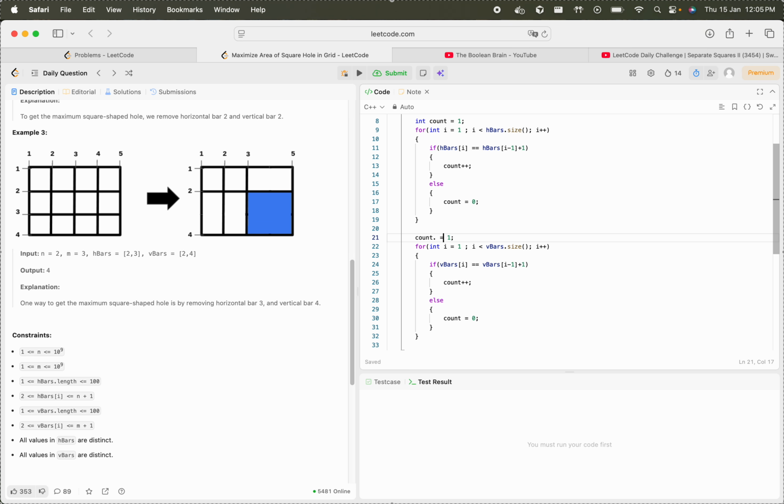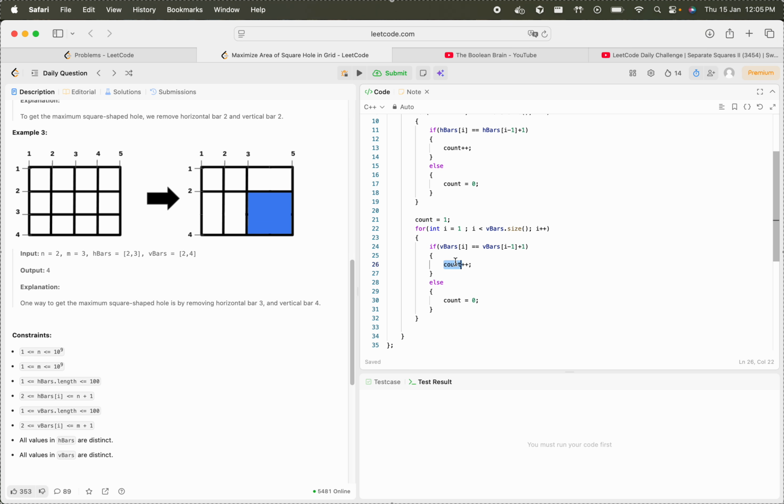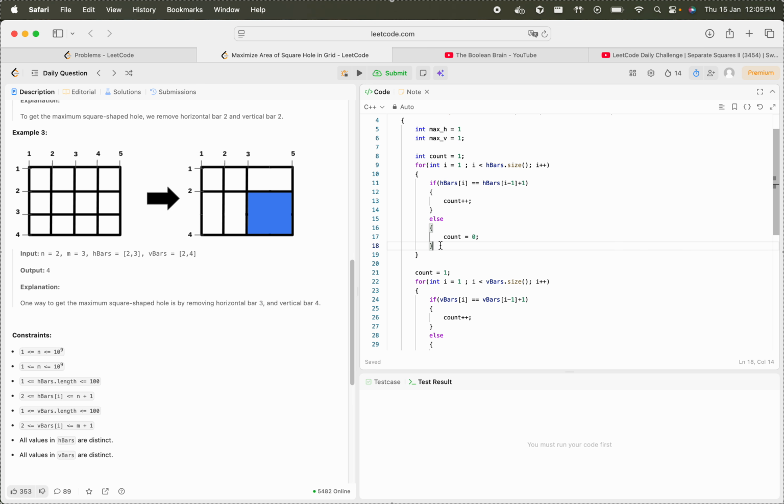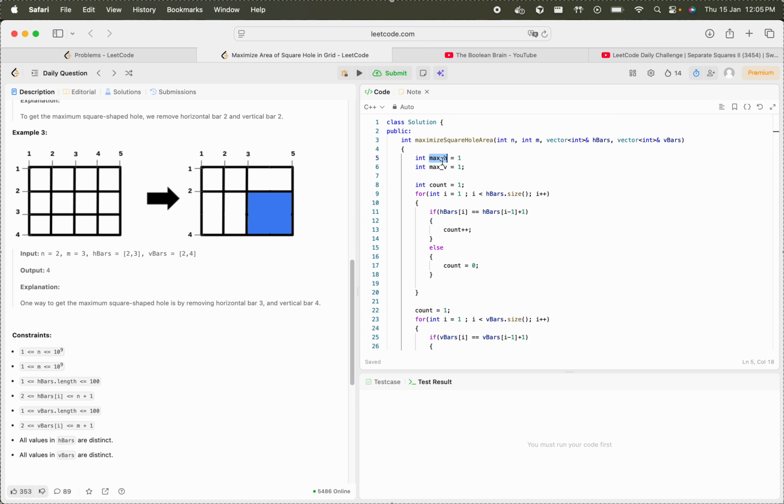It should be 1. I increase the count, and if the condition does not match, I reset it. And after updating the count in each loop, I need to update this max h. So max h equals max of max h comma count, isn't it?